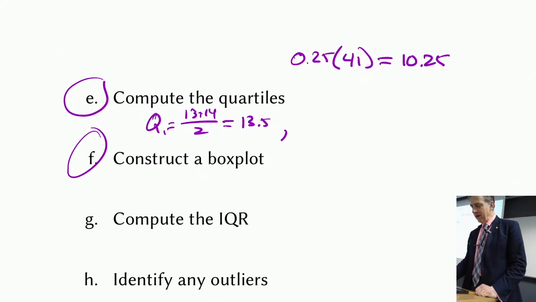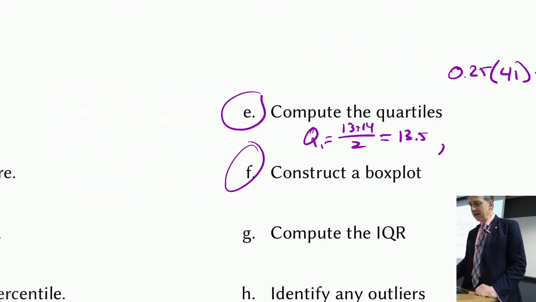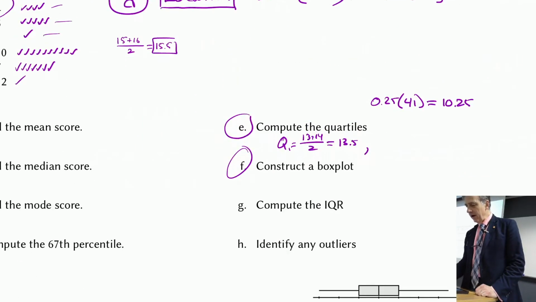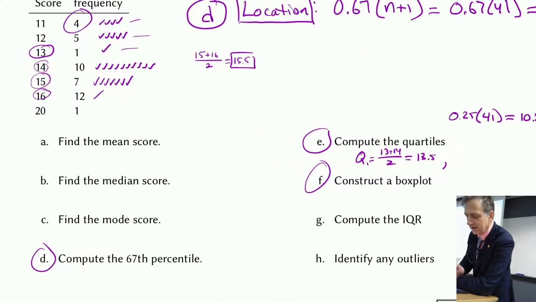I blabbed enough. Let's do the median. The median is going to be the middle number, so we're going to do 50% of 41, which is 20.5. So we need the 20 and a half number. I believe it's between these two. If you count, you get 14 for the 20th number, and 15 is the 21st number.